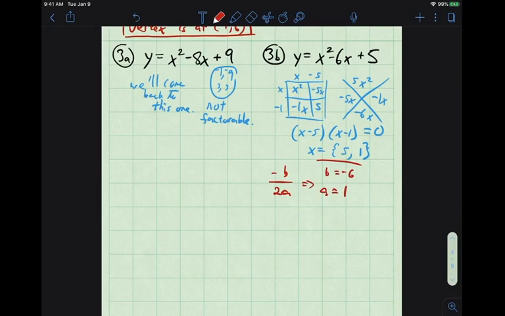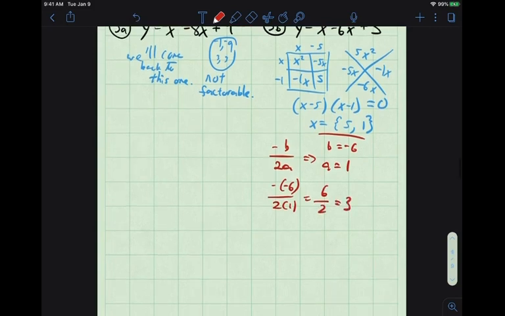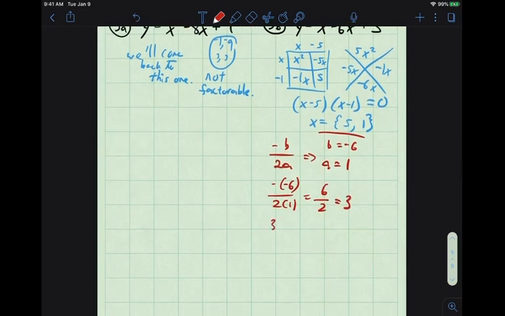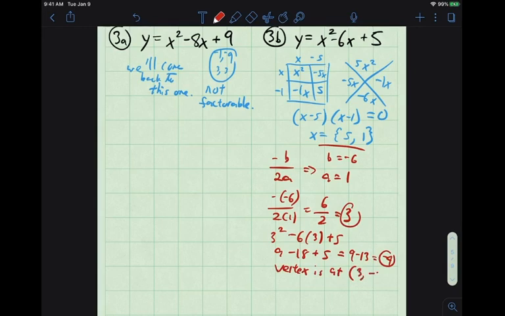So here's -b, 6 over 2 times 1. 6 over 2 gets us 3. 3 squared minus 6 times 3 plus 5. 9 minus 18 plus 5. 9 minus 13 gives us -4. Vertex is at 3, -4.